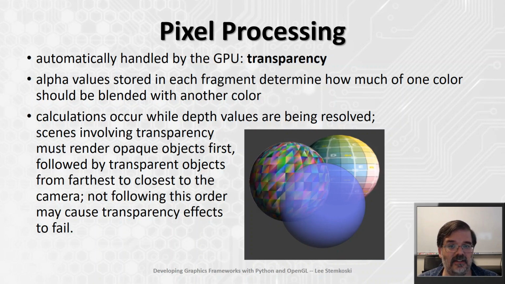Any scene involving transparent objects must render the opaque objects first, followed by the transparent objects. The opaque objects can be rendered in any order, but the transparent objects must be rendered starting from the farthest from the camera all the way to the closest to the camera. And if you don't follow this particular order, transparency effects could fail.